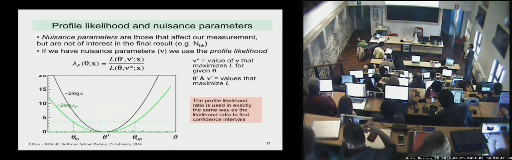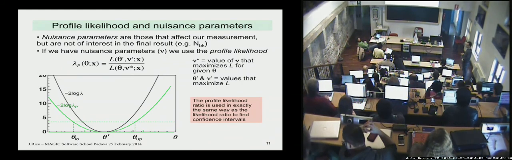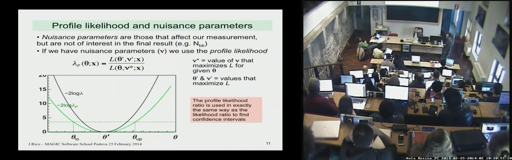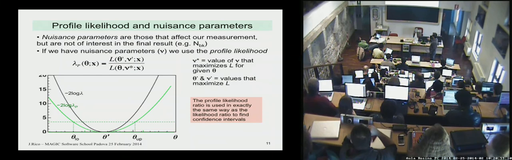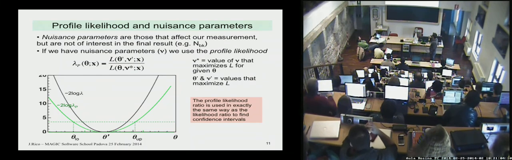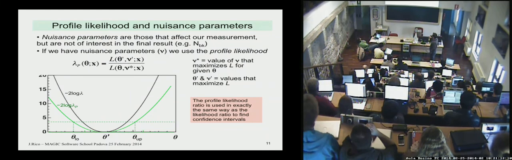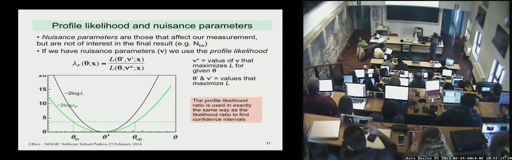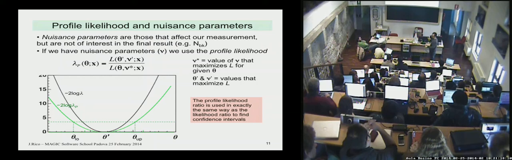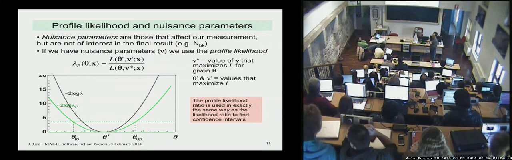So in this case, in the minimum, are both the estimator and the nuisance parameters the same? Say it again. That in the minimum, where both parameters meet? Yeah, this minimum doesn't have to be in the same position actually. This green curve could be shifted to one side or the other, because the value of theta, which is this axis here, that maximizes the likelihood, if you have a nuisance parameter, doesn't have to be the same as in the case where there is no nuisance parameter.